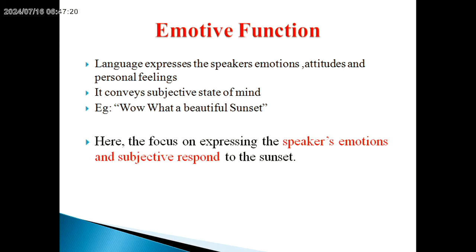It conveys the subjective state of mind. He explained this emotive function using an example: "Wow, what a beautiful sunset." Here the feeling, the emotion, the attitude of the speaker is expressed through the words. Yes, this is called the emotive function.